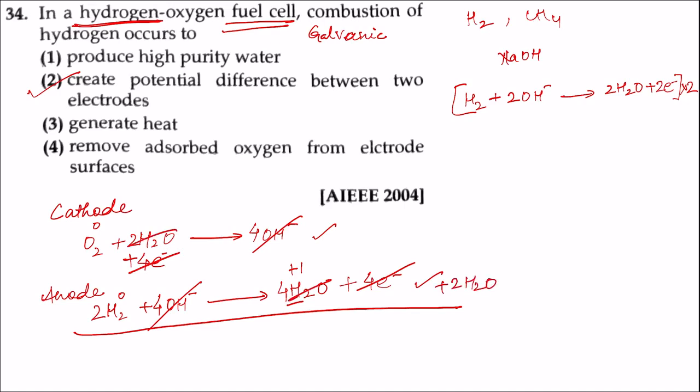So the overall reaction which is taking place is 2H2 plus O2 forming 2H2O. So hydrogen is acting as a fuel which is undergoing combustion. The energy which is produced during this combustion is getting converted into electricity, and this flow of electricity is due to the flow of electrons from anode to cathode in the external circuit.